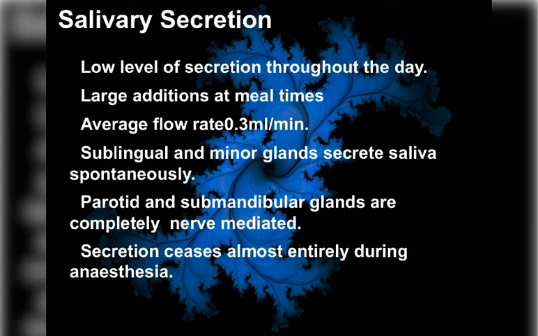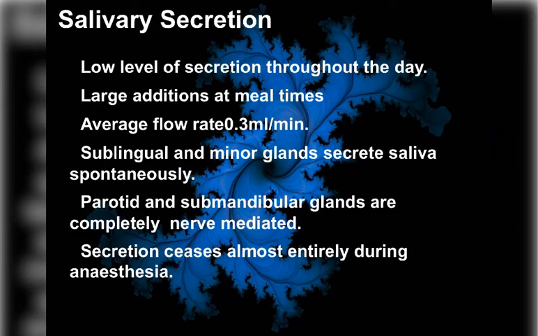Sublingual and minor glands secrete saliva spontaneously. Spontaneously means they do not need neural messages to secrete. They do that spontaneously.